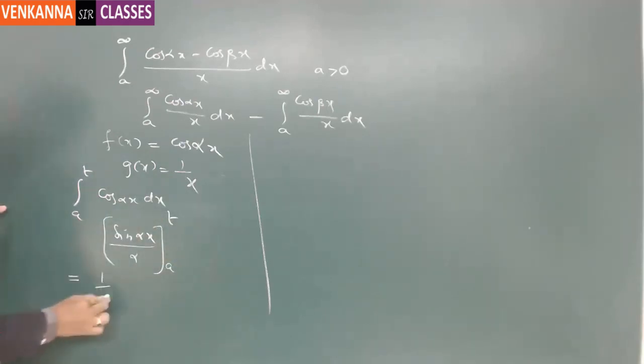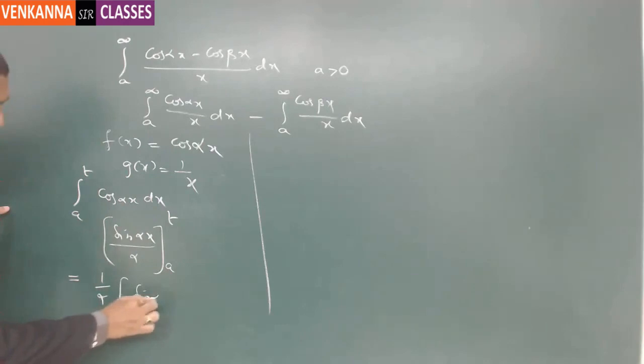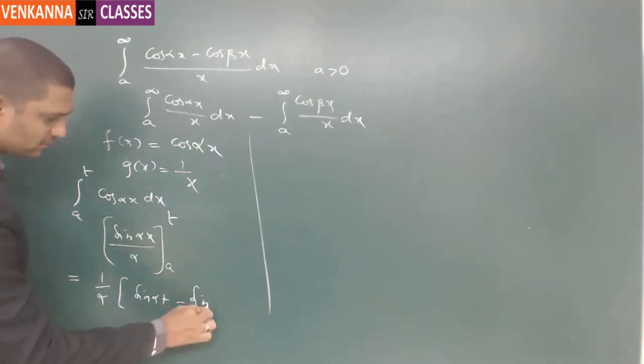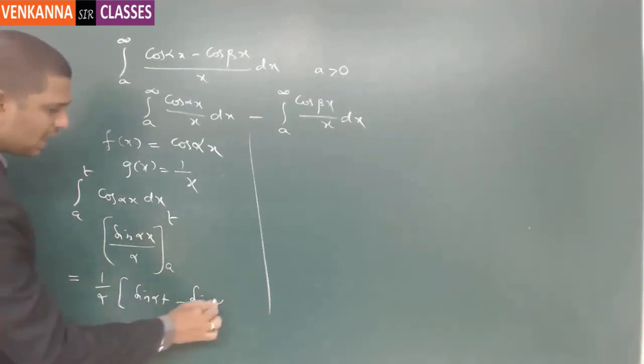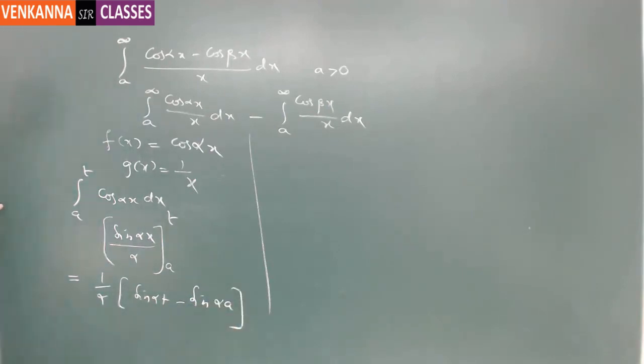So 1 by alpha into sin alpha t minus sin alpha a. You accepted? Yes or no?